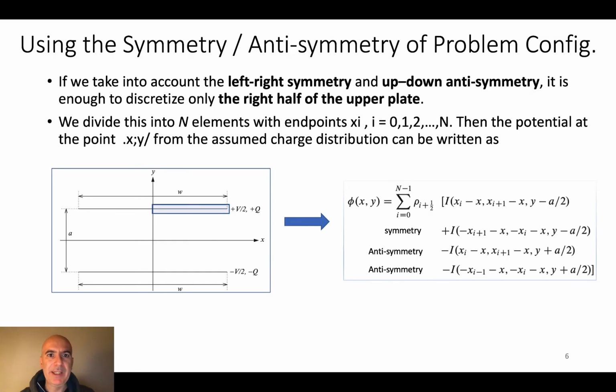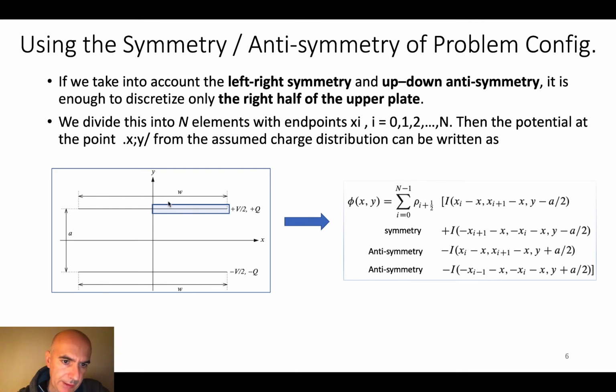Another trick that we can use is to realize that the problem has a high degree of symmetry or anti-symmetry. So if we take into account the left-right symmetry, so this symmetry here according to this axis, and up-down anti-symmetry, so the sign will be inverted, it is enough to discretize only the right half of the upper plate.